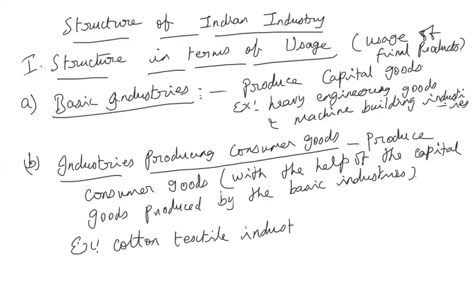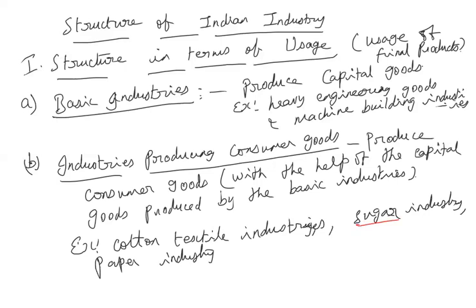So all those consumer goods industries: the cotton textile industry, sugar industry, jute industry, paper industry. Now, these are all final goods, isn't it? Sugar is a final product. Cotton is a final product.